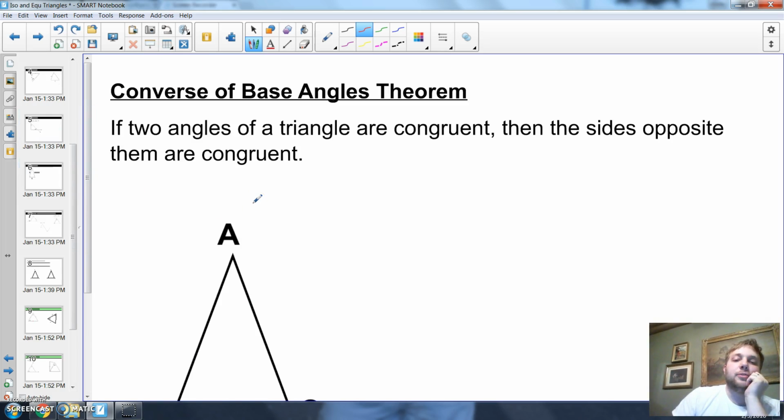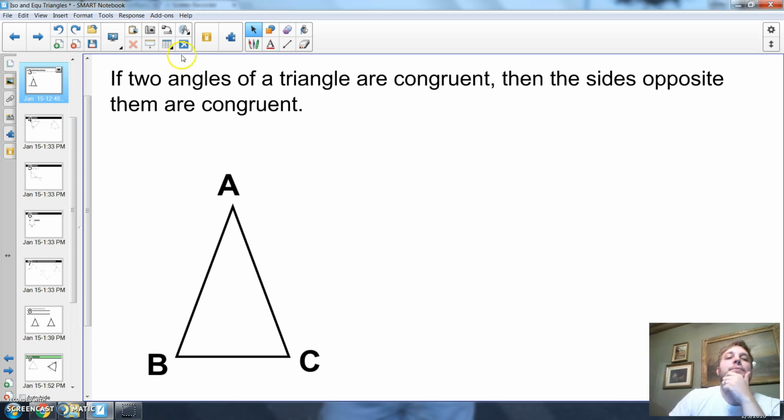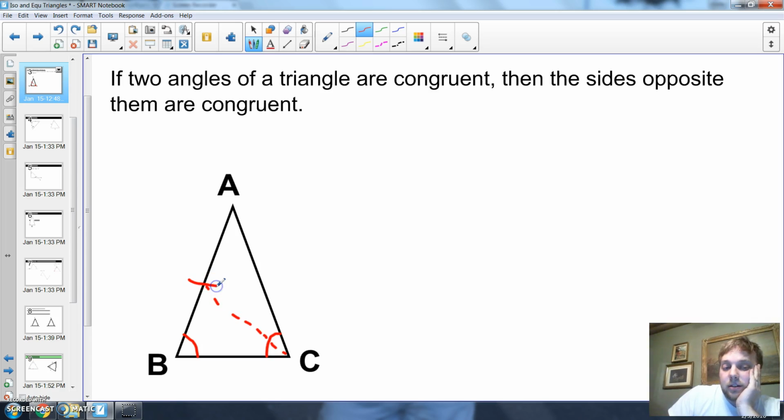Alright, if two angles of a triangle are congruent, this is going to be tricky, guys. Guess what? If two angles are congruent, then the sides opposite them are congruent. So what you're trying to tell me is that if I know this and this are congruent, the sides opposite those, like that, and the side opposite of this, like that, are congruent too?